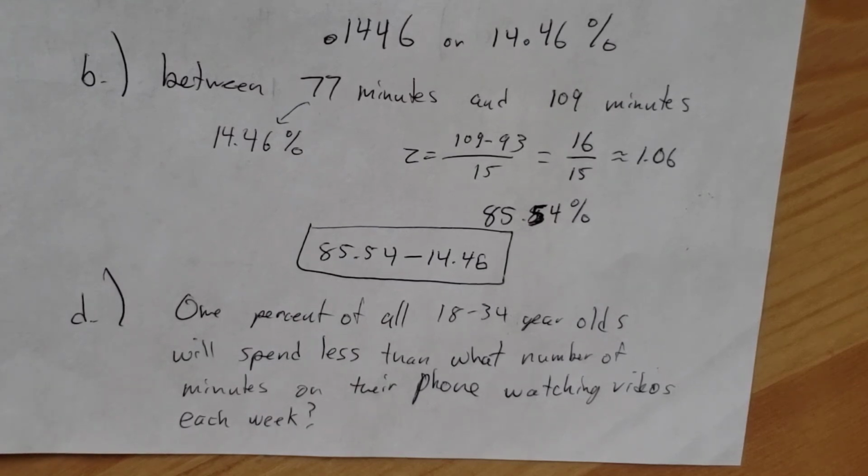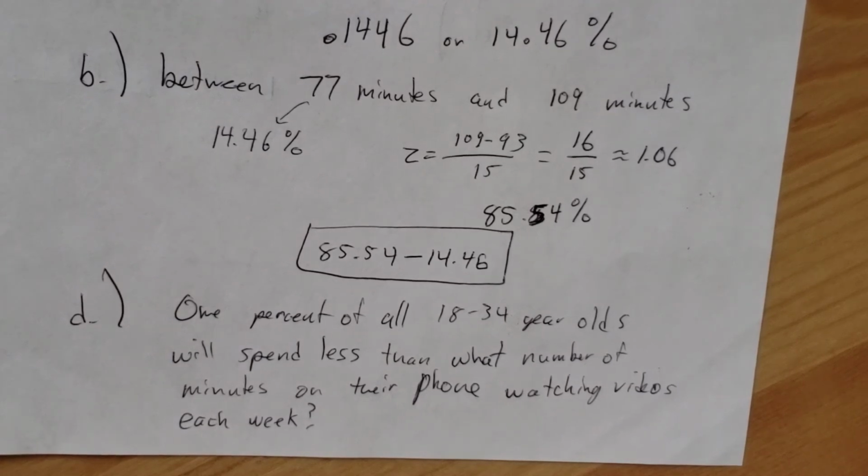Well, how do we do this? 1% of all 18 to 34-year-olds will spend less than what number of minutes on their phone watching videos each week? We need to find the z-score related to 1%. So we go back to that page 739, and we look for when we get 1%.